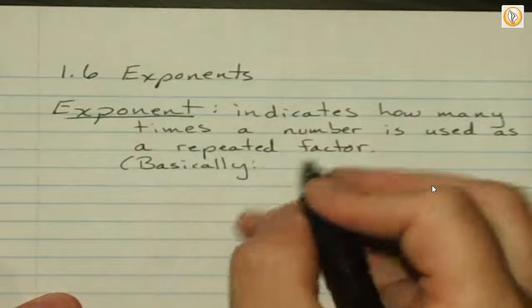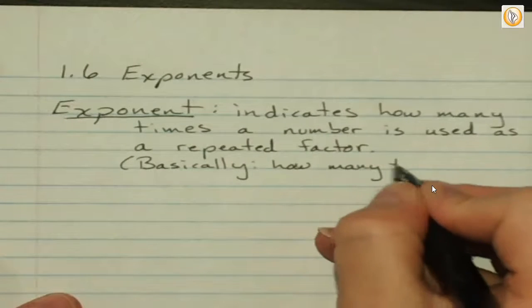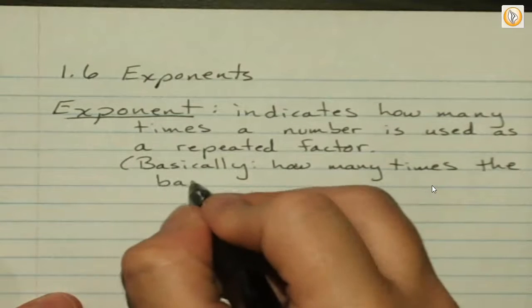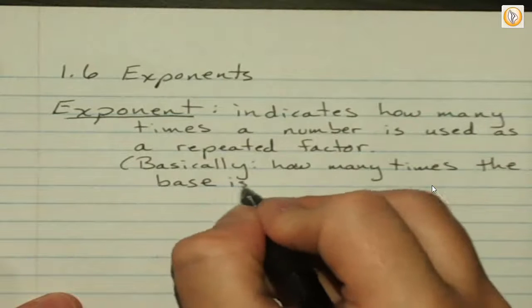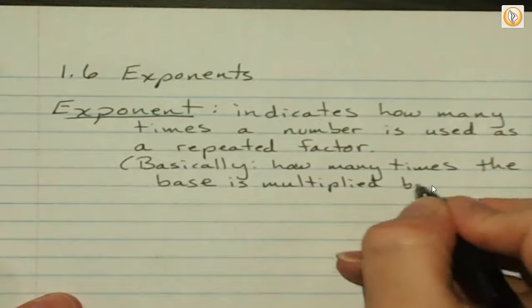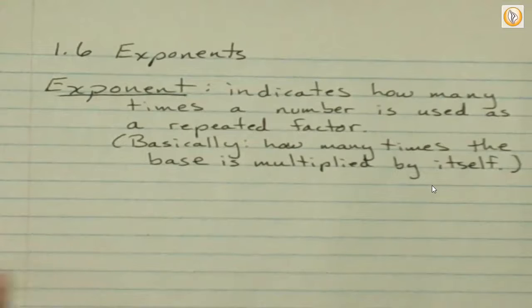Basically, that says how many times the base, and I'll explain what the base is, is multiplied by itself. I'll let y'all catch up. So exponent, it indicates how many times a number is used as a repeated factor. Basically, how many times the base, the big number, is multiplied by itself.